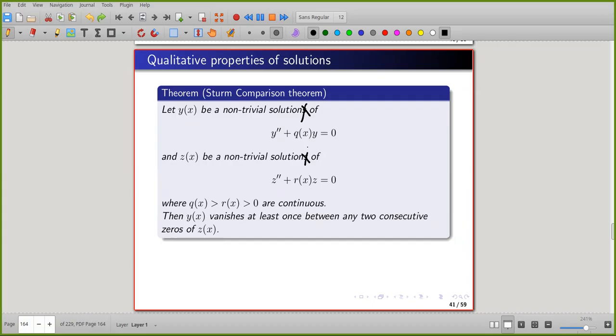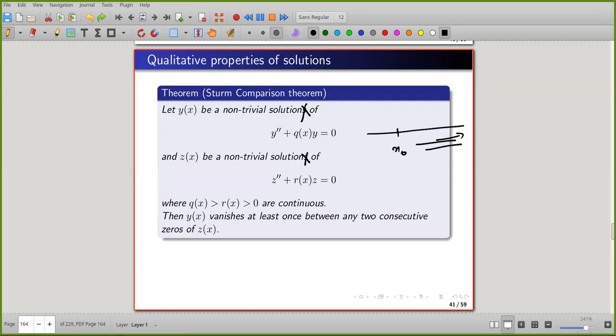We will just assume that q(x) and r(x) are defined for some x greater than 0. Then y(x) vanishes at least once between any two consecutive zeros of z(x).